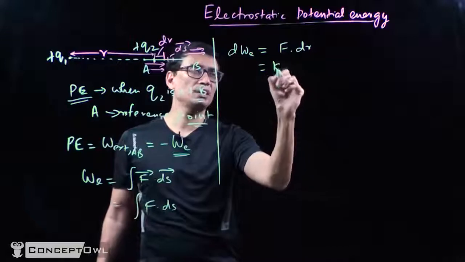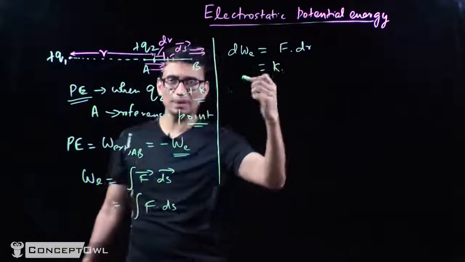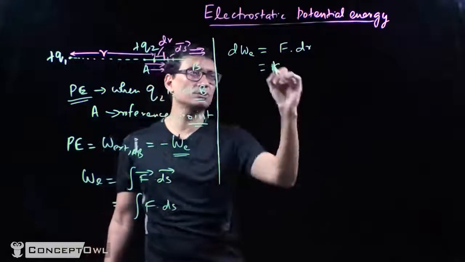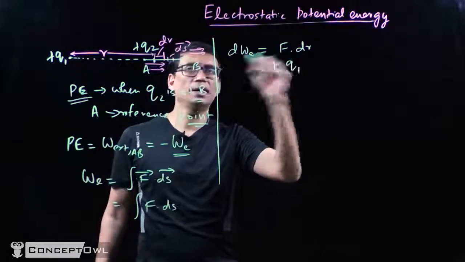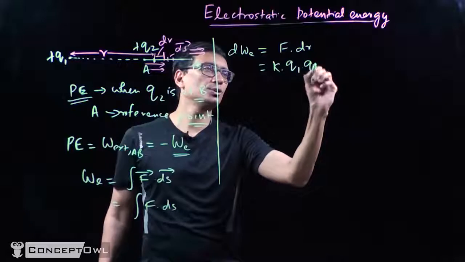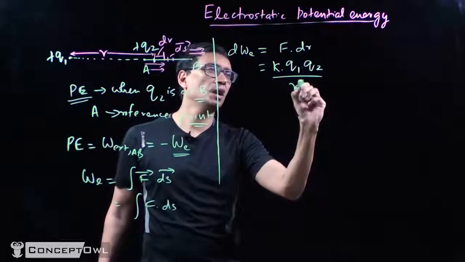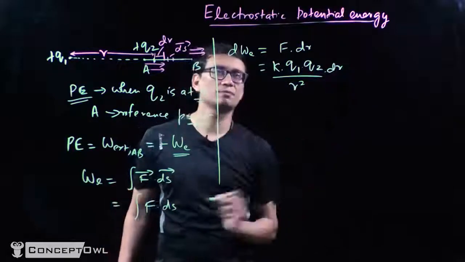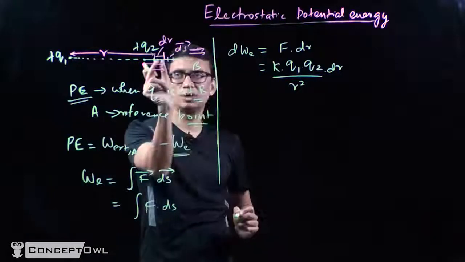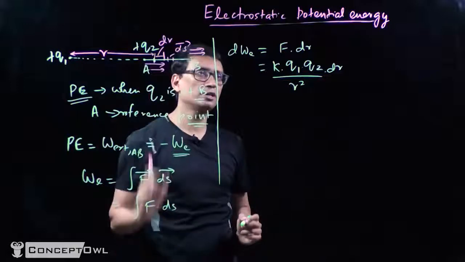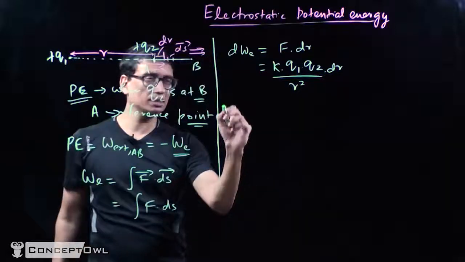F is K Q1 Q2 upon r square, where K is nothing but 1 upon 4 pi epsilon naught; I'm just calling it K here. So dW_E is K Q1 Q2 upon r square into dr. This is the work done during this elementary small displacement.